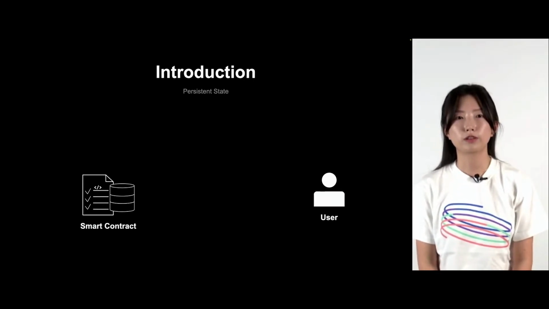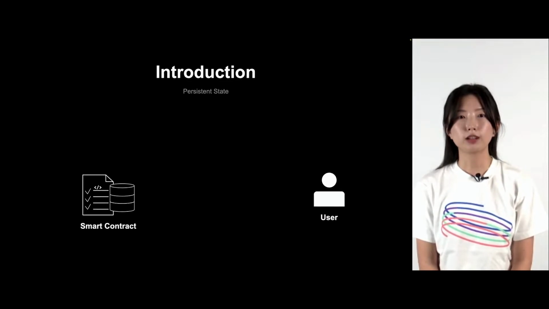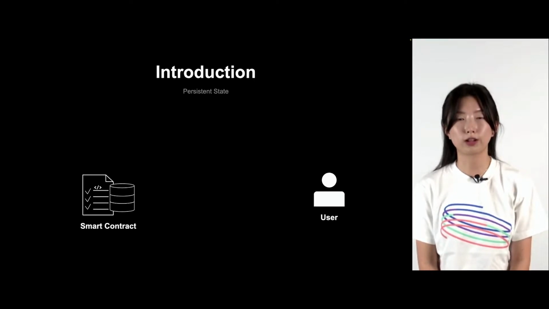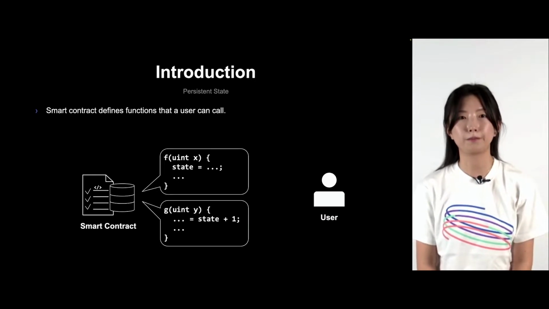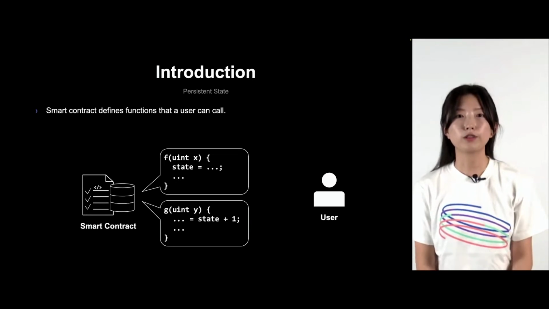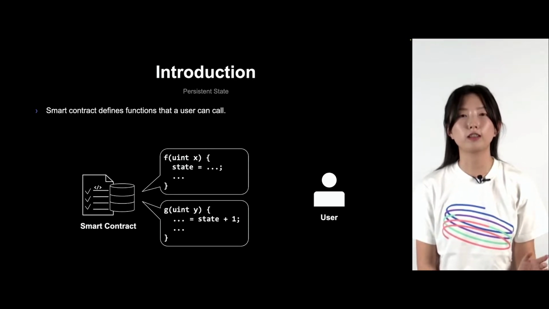So persistent state variable values are tracked to look at the flow, and this is a very important characteristic. When the user sends a transaction, it is making a type of external call. Generally, a smart contract defines a series of functions and provides them to the user, and the user calls these functions and sends transactions to interact with the contract.